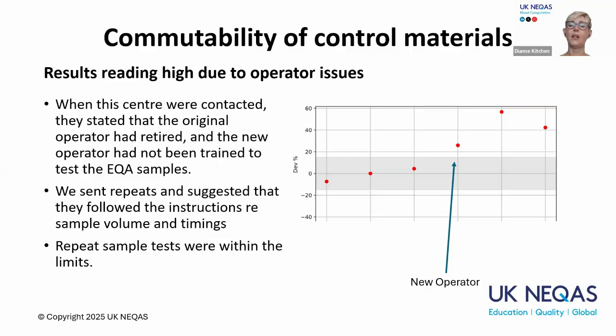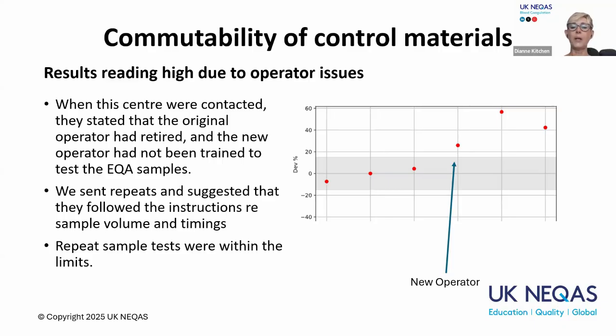The feedback I got was that the first 3 results were the original operator, but now that lady's retired and they've got a new member of staff taken on this task, but they have not been trained to do EQA, and frankly, it's showing in the results. But this, again, is over a 9-month period, so there has been time to train that person, but it's not actually happened by the look of it.